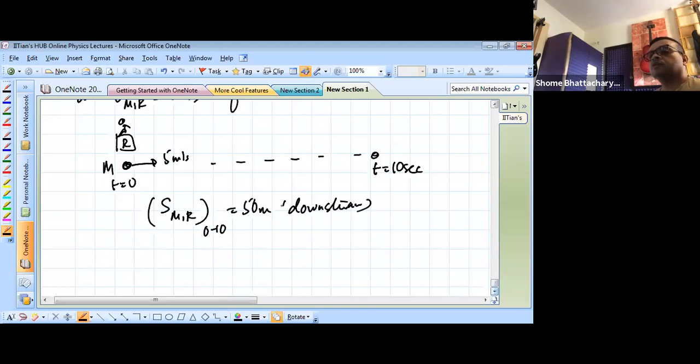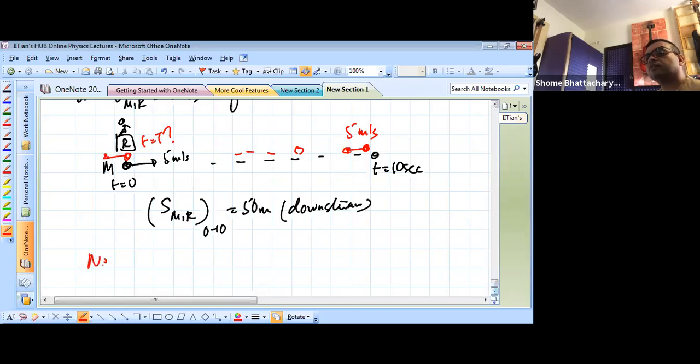Okay. Now next, what is happening? It's taking a U-turn, and after taking the U-turn, it's coming straight back towards it. But at what speed? It comes like this, again at a speed of 5 meters per second. So it comes like this, like this, like this, and finally reaches here at time capital T, if you want to find. Okay.